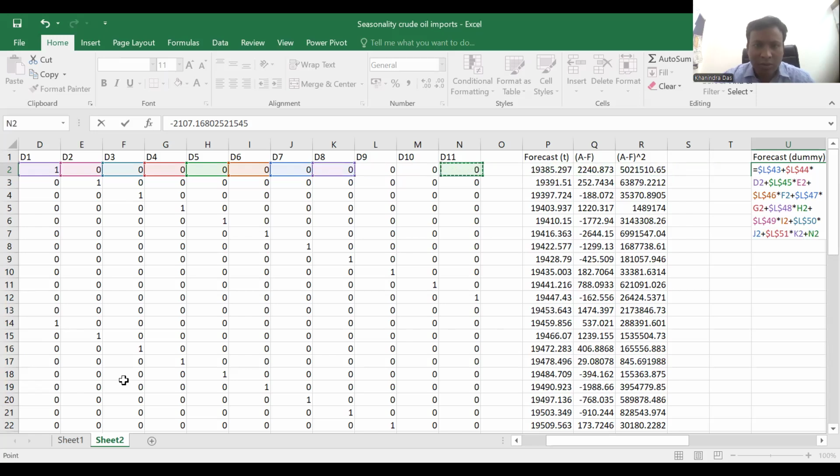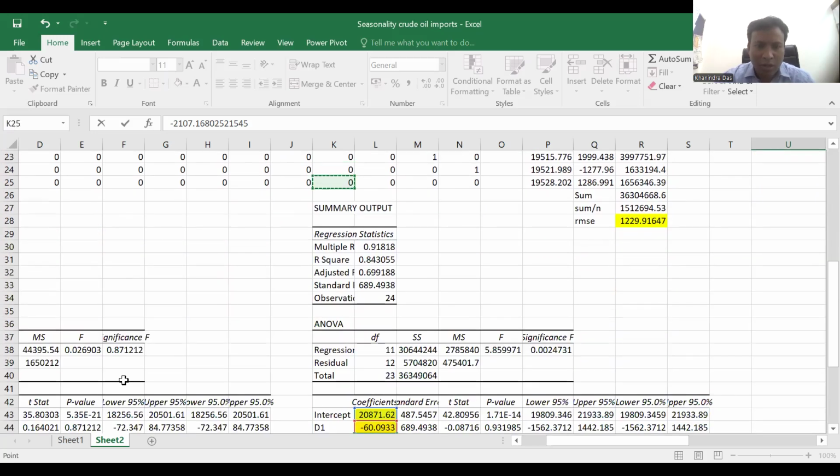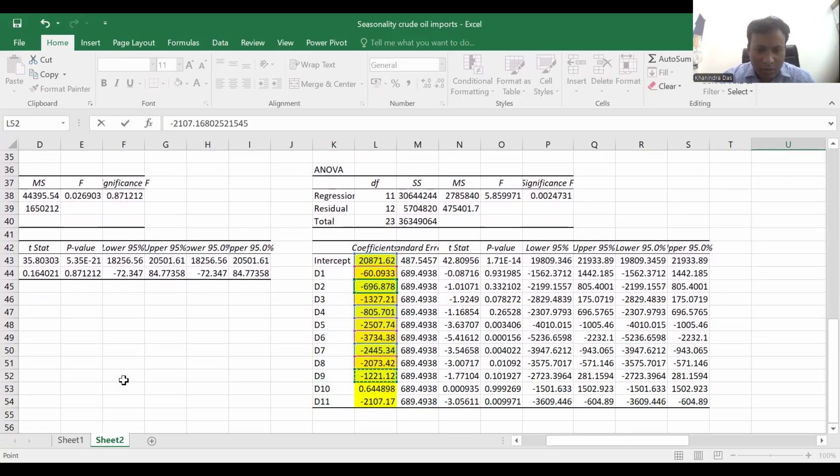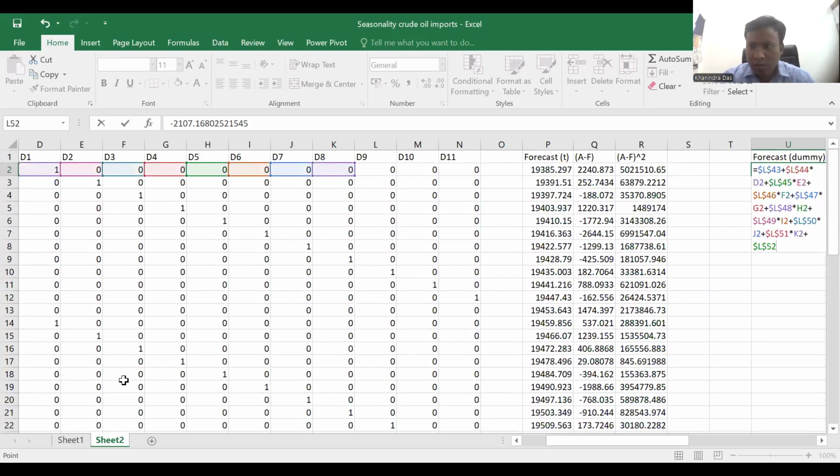Then comes the D9 coefficient, almost there, into the D9 value.